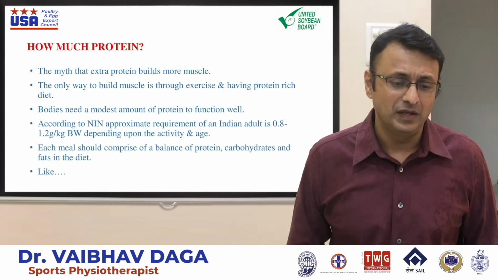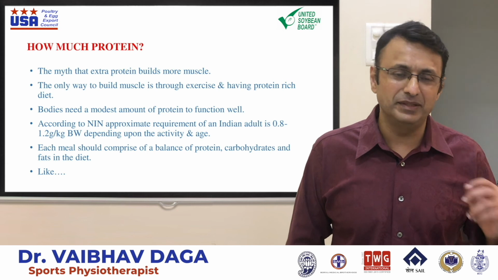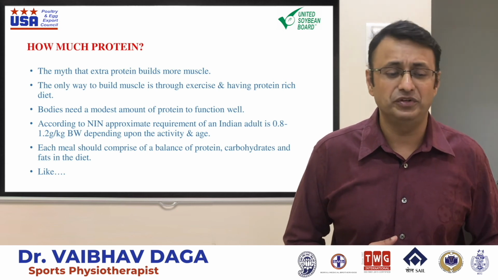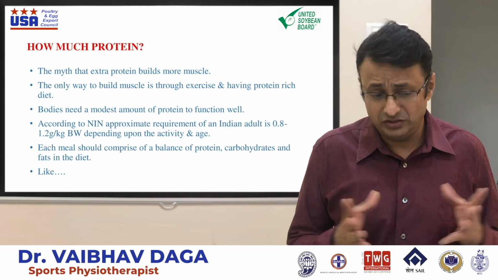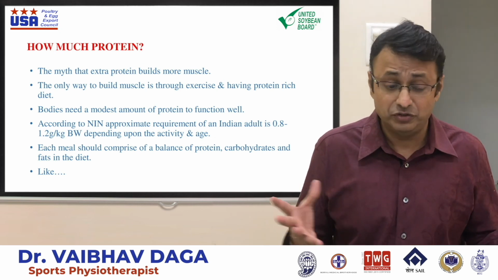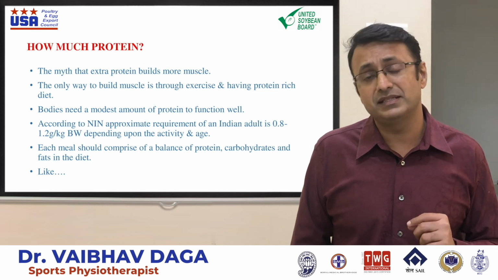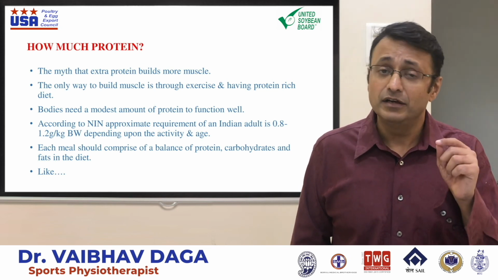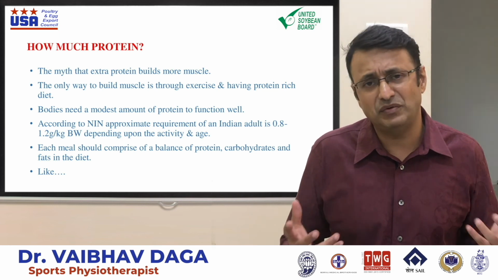How much protein is required? There is definitely a myth going around saying extra protein builds more muscle. I don't think it works that way. Possibly, not sure. The only way to build muscle is through exercise and having protein rich food. How much protein is the requirement?